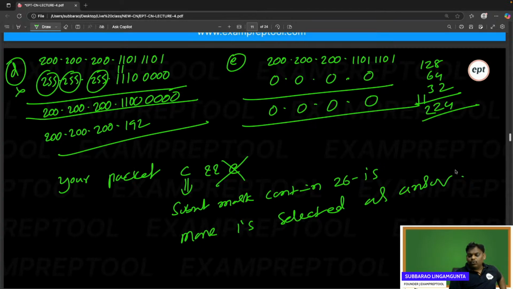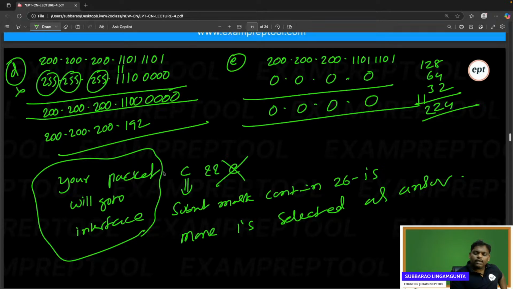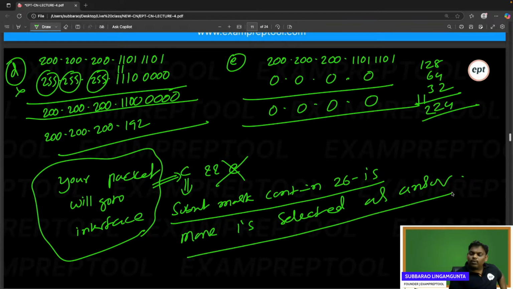Your packet will go to interface C. Why? Because the subnet mask contains 26 ones. More ones is selected as the answer.